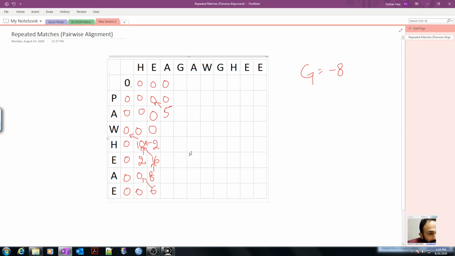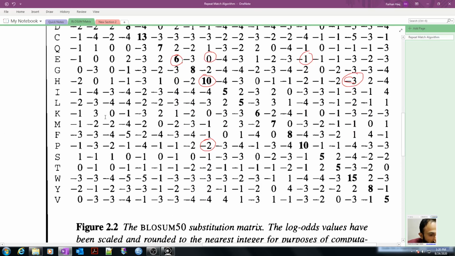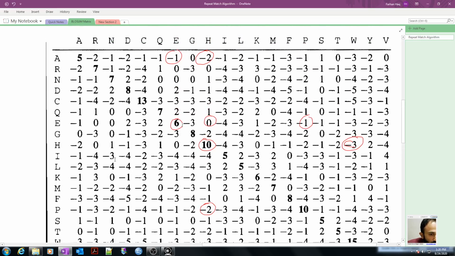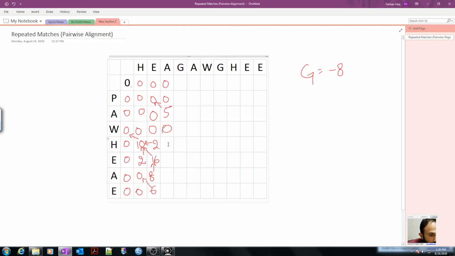Then here in the next, from W and A all are negative values, so we will add 0 instead. You can check the matrix if you want to check again. You can just search for the Blosum 50 substitution matrix and you can download it and then perform it yourself. A and W is, here you can see, -3, so that's why we have added here 0.